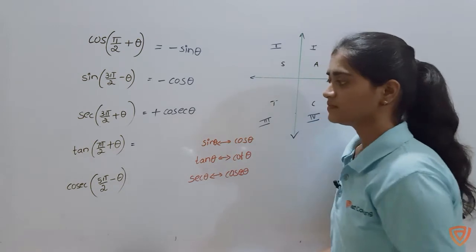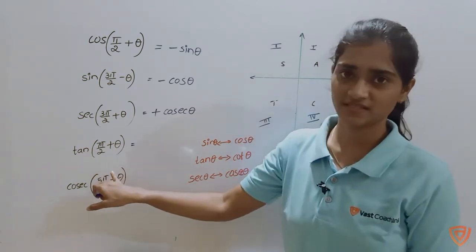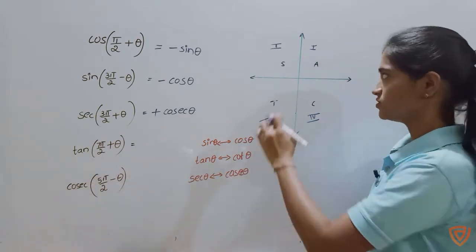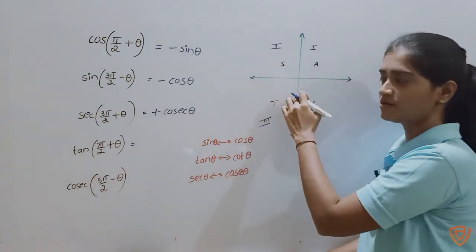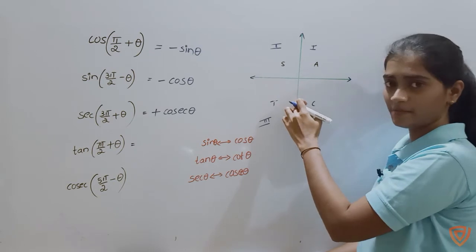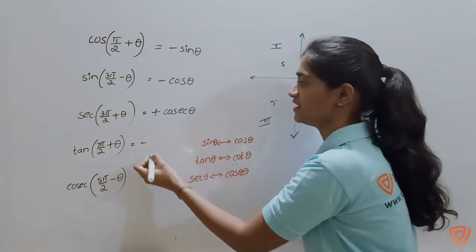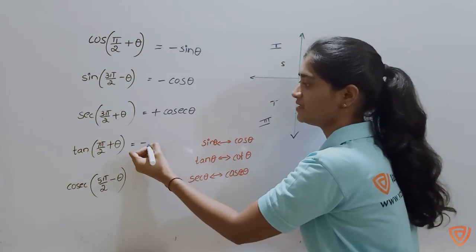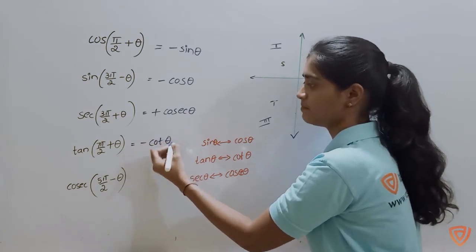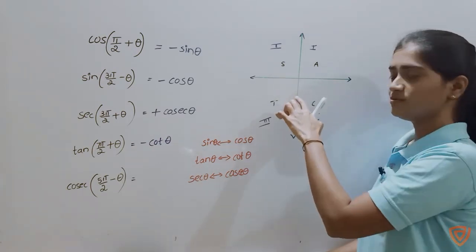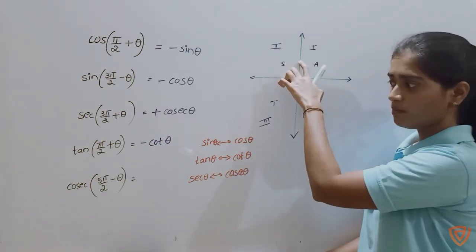Next one, tan of 7 pi by 2 plus theta. So this is pi by 2, 3 pi by 2, 5 pi by 2, 7 pi by 2 plus theta. It falls in the fourth quadrant. So tan is negative, so we can simply write minus cot theta. What about the last one? 5 pi by 2 minus theta.